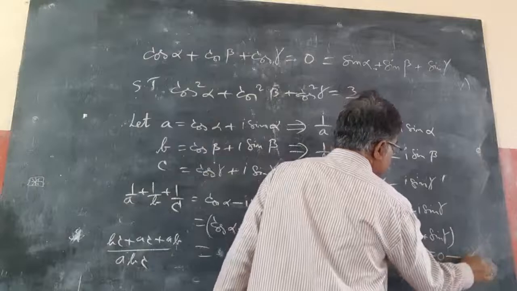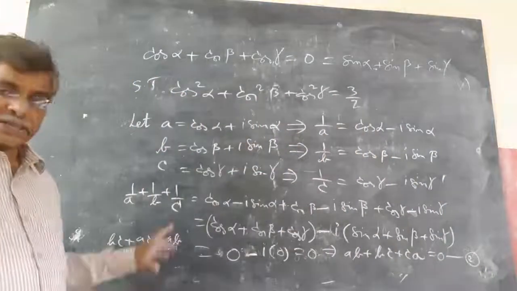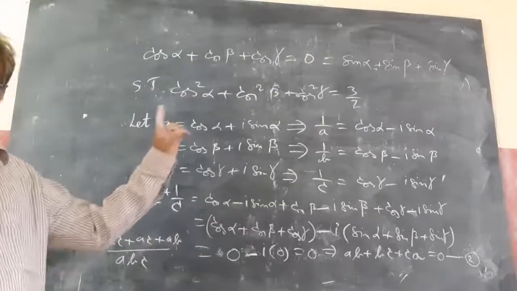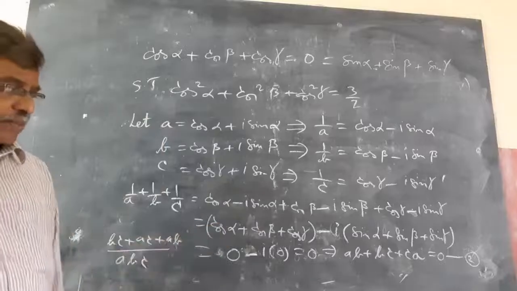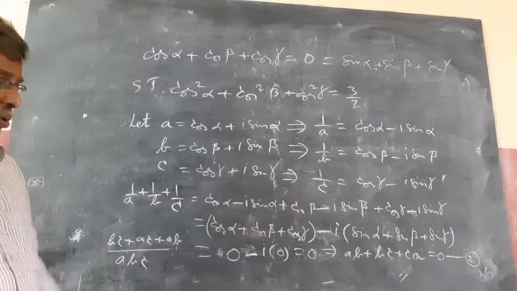That is equation 2, and the previous one, a plus b plus c equals 0, is equation 1. Now ab plus bc plus ca equals 0 is equation 2. So keep it aside now.